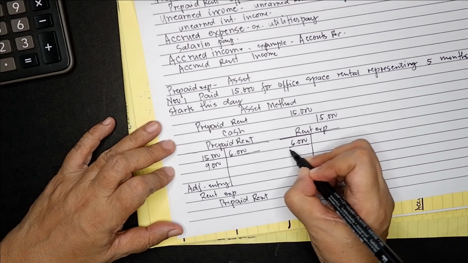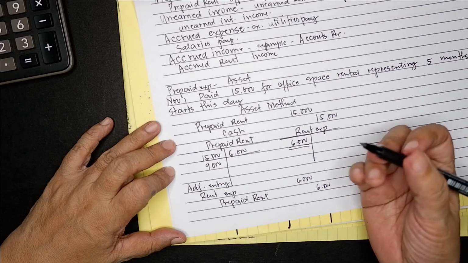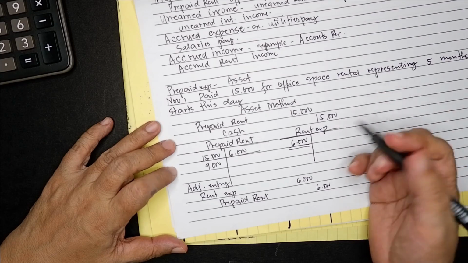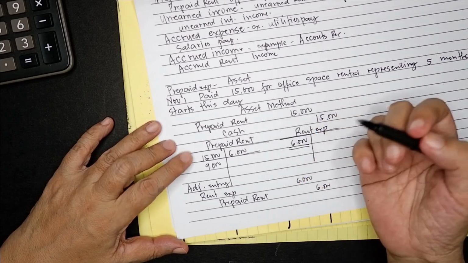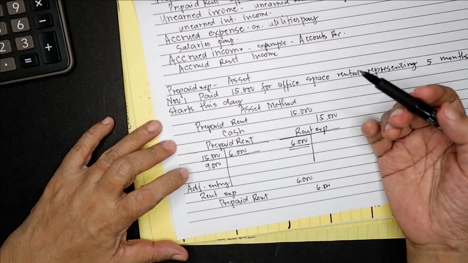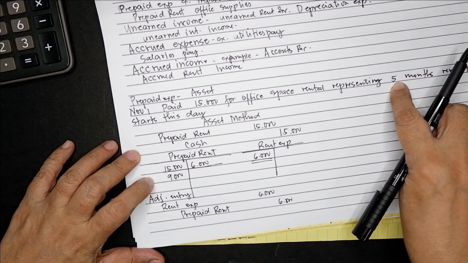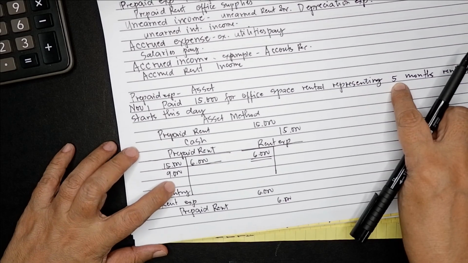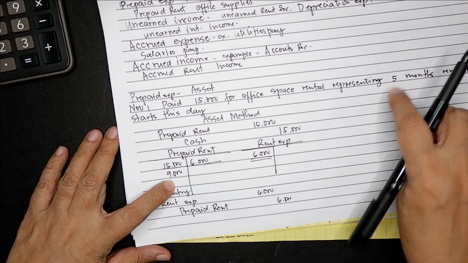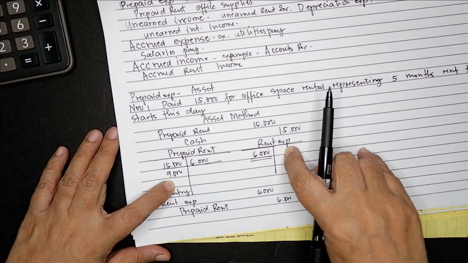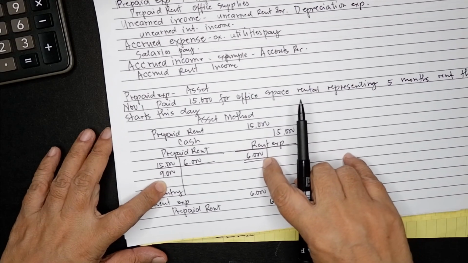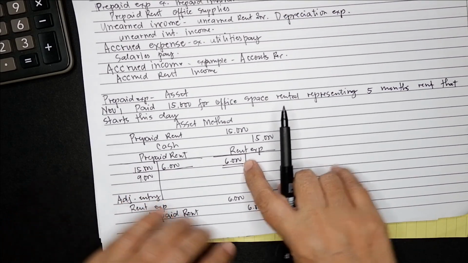And our rent expense is also 6,000. So, it is correct because the remaining months that we haven't used out of 5 months is 3 months. That is equivalent to 9,000. And the 2 months that we have used already is 6,000.